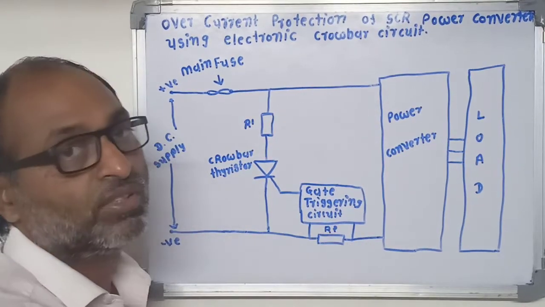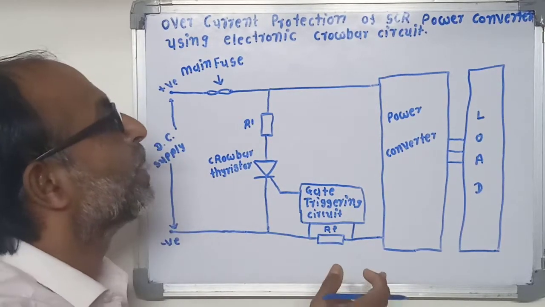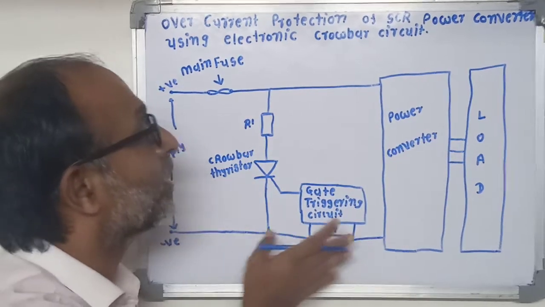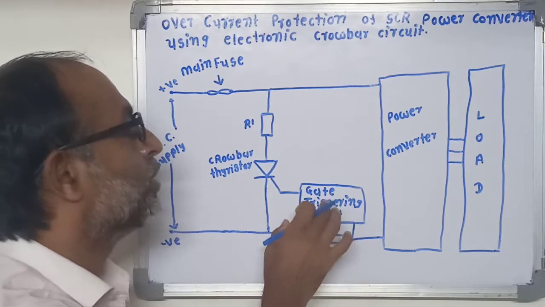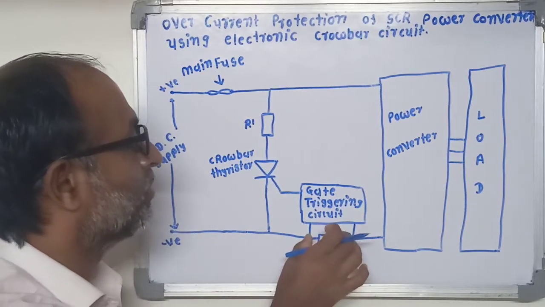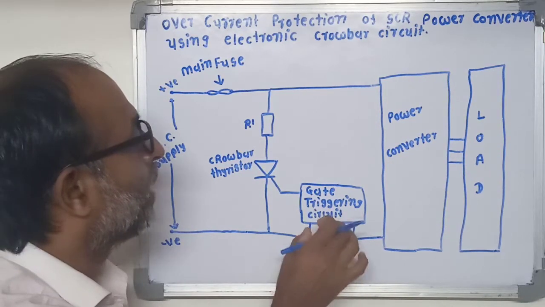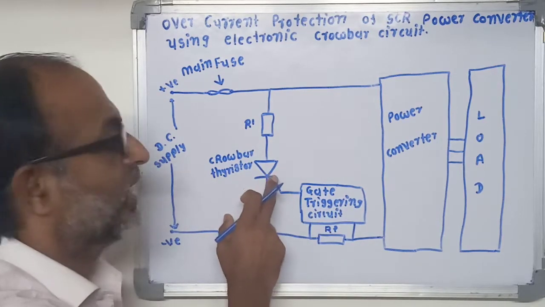The value of the voltage drop depends on the current drawn by the power converter, or you can say the input current of the power converter. Now this voltage is applied to the gate circuit. In healthy condition, the voltage drop across this resistance does not provide sufficient gate current to turn on the SCR.